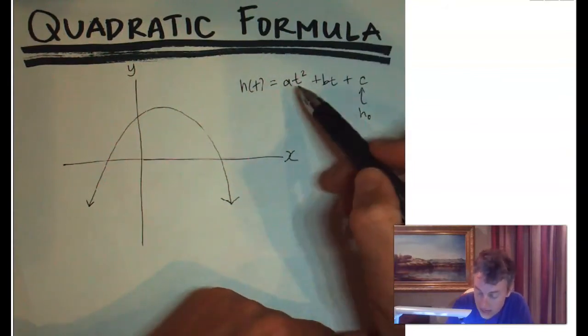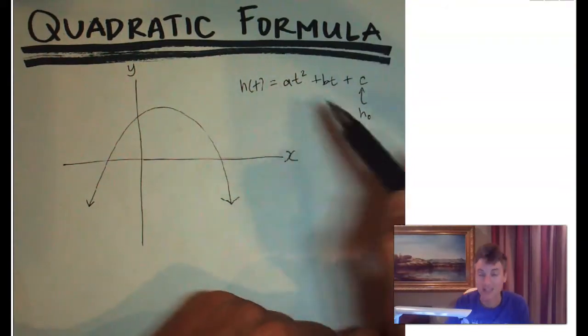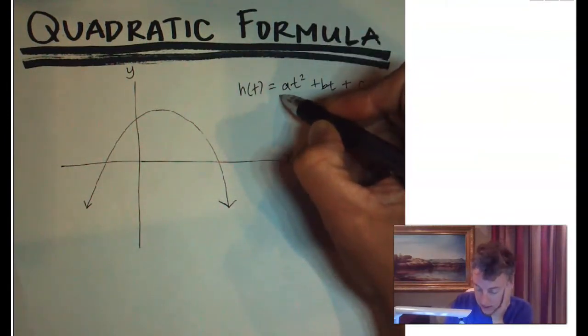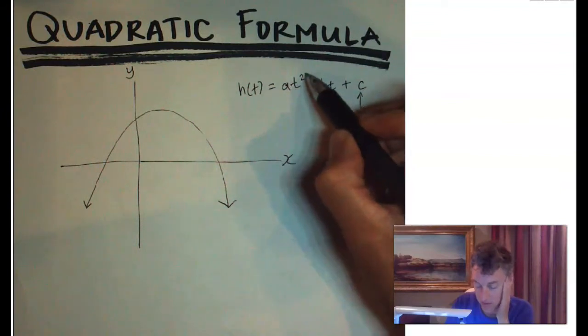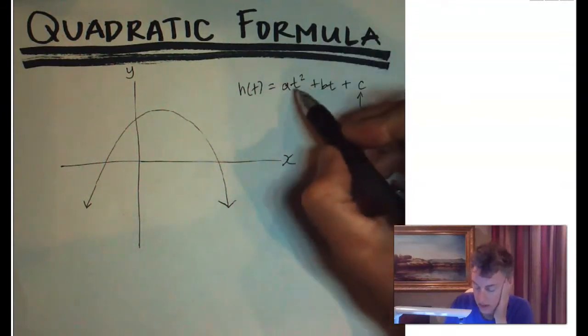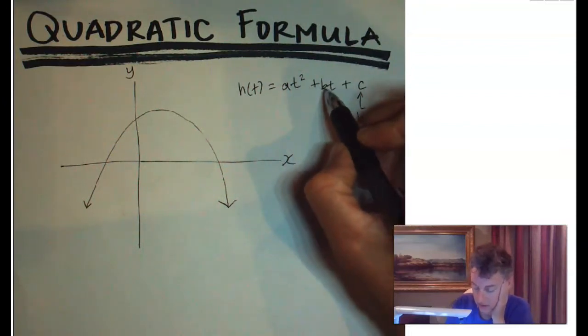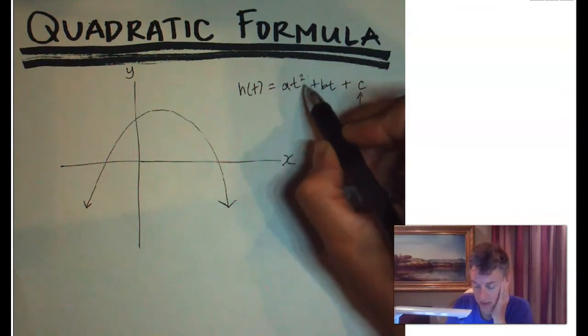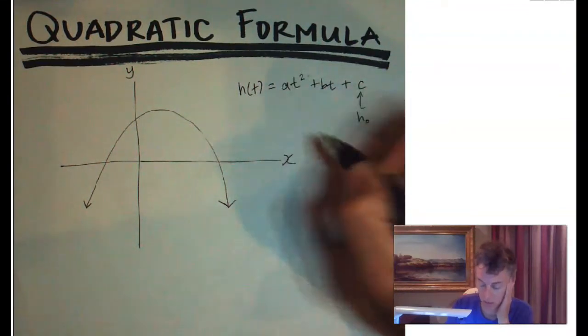So this at squared term is going to dominate this function, and that means the function is going to behave mostly like the parent function t squared. As you zoom in either direction, these terms kind of fall off. They don't mean as much. It behaves more and more just like this t squared function.